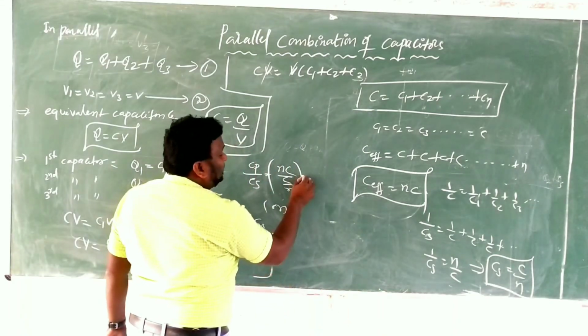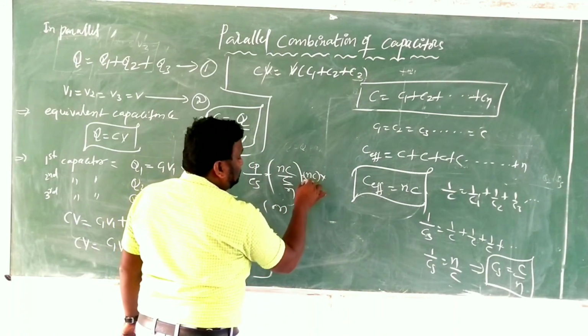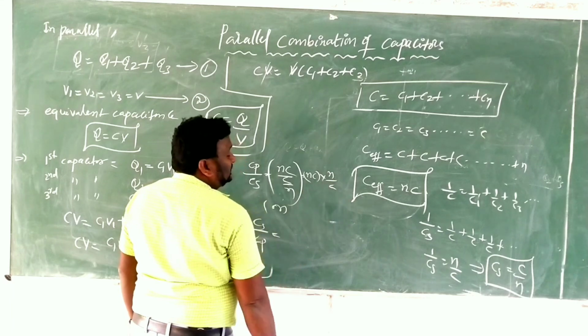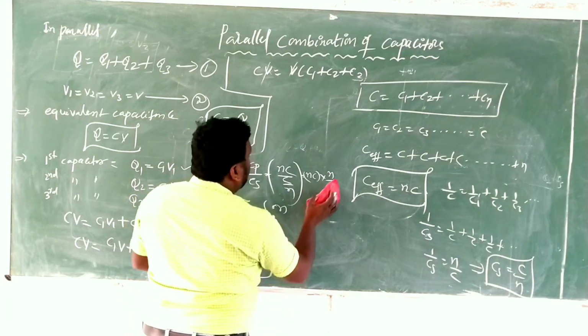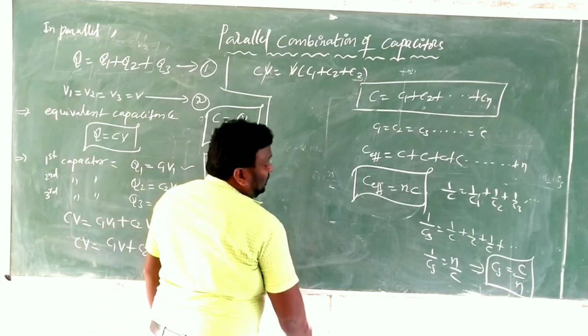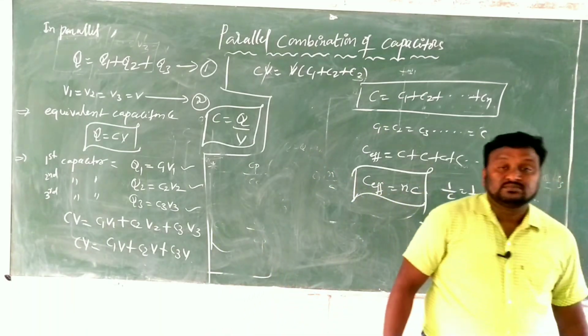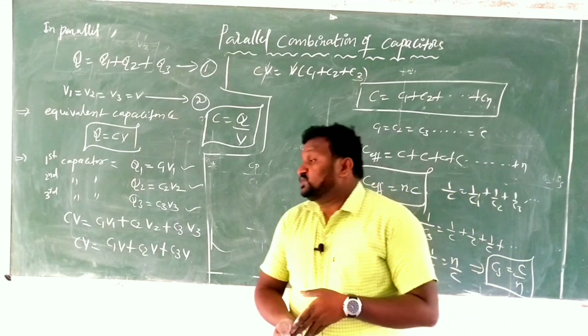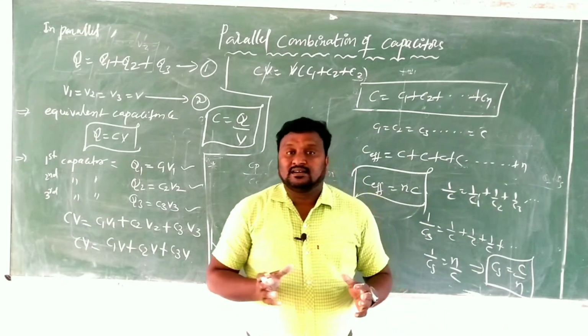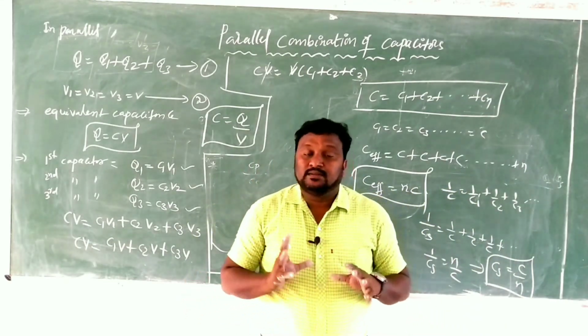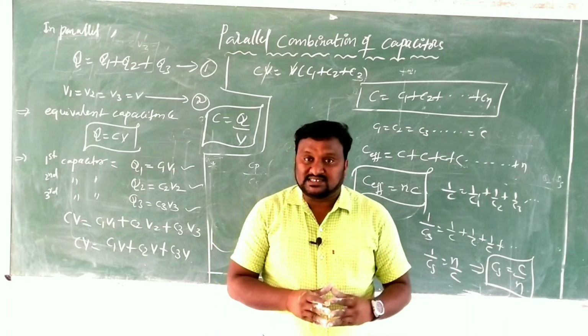In this case I am writing here NC divided by C by N, like that. So you have to find all these values depending upon the situation. So children, this is the complete information about the parallel combination of capacitors.